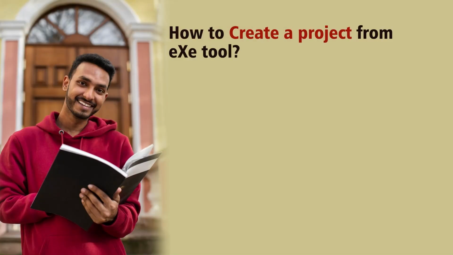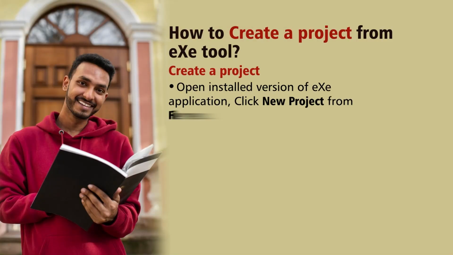Okay. Once you understand the basics of how to use it, you can create a project. Creating a project is quite simple. From the file menu, click new project. Once it opens, switch to the properties tab.